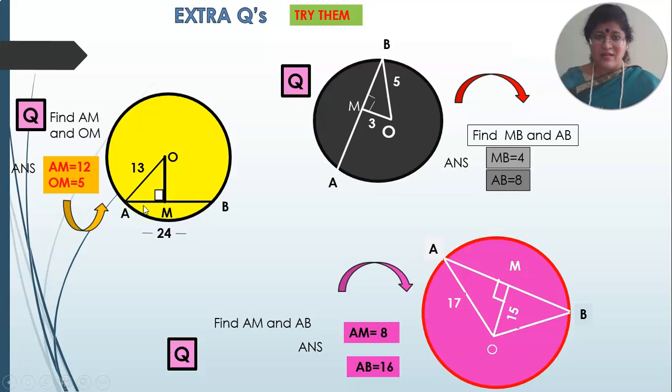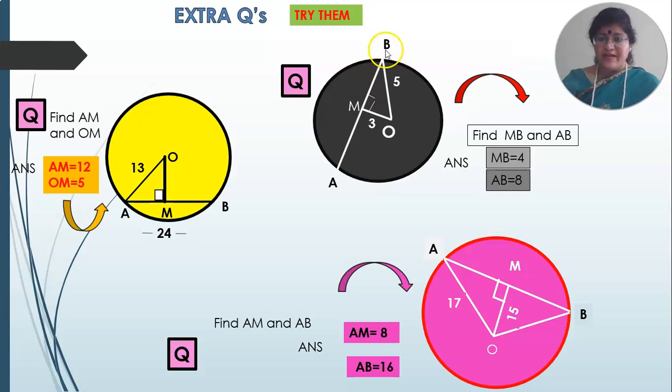Now AM is 12, OA is 13. Can you find out OM? You can find that out by using Pythagoras theorem. So let us calculate the value of OM by Pythagoras theorem. You will get OM as 5. Now let us look into the second question. The circle in gray.